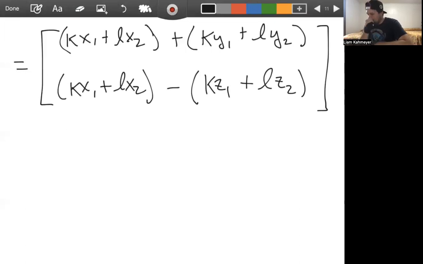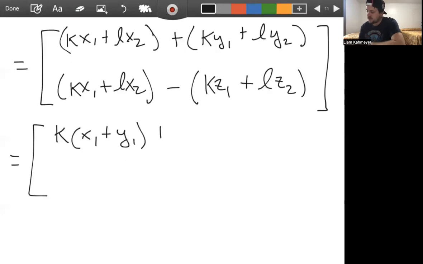What can we do from here? Well, from here, we could combine everything that has a multiple of k and everything that has a multiple of l. So we could write this as k times x1 plus y1, plus l times x2 plus y2.